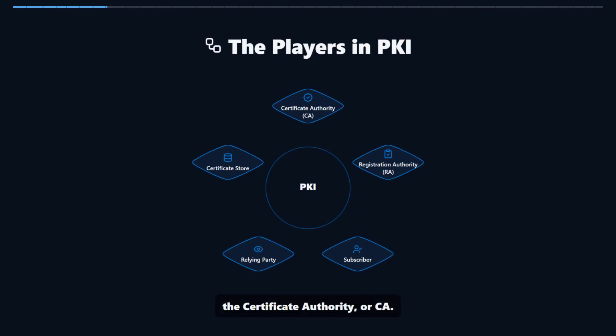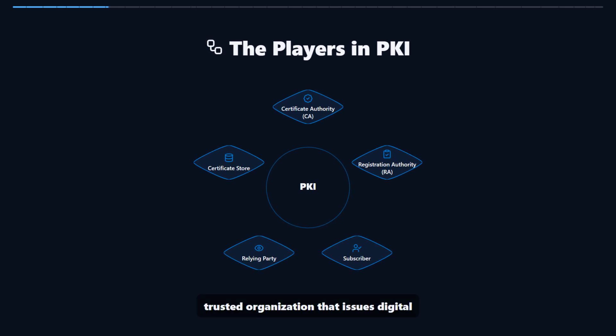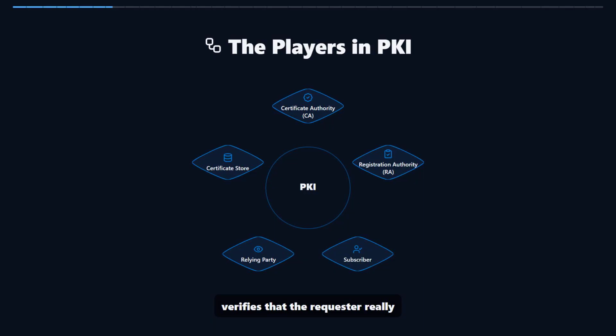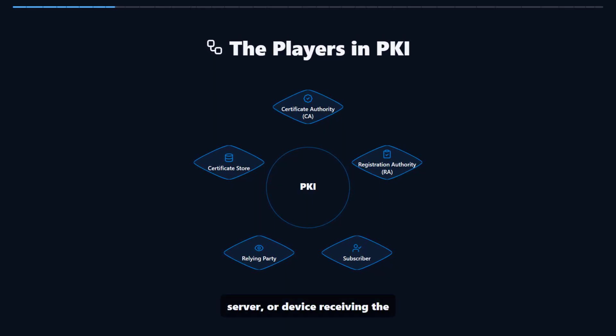First is the Certificate Authority, or CA. Think of it as the trusted organization that issues digital certificates. Next is the Registration Authority, or RA. Before a certificate is issued, the RA verifies that the requester really owns the identity they're claiming. The subscriber is the person, server, or device receiving the certificate.